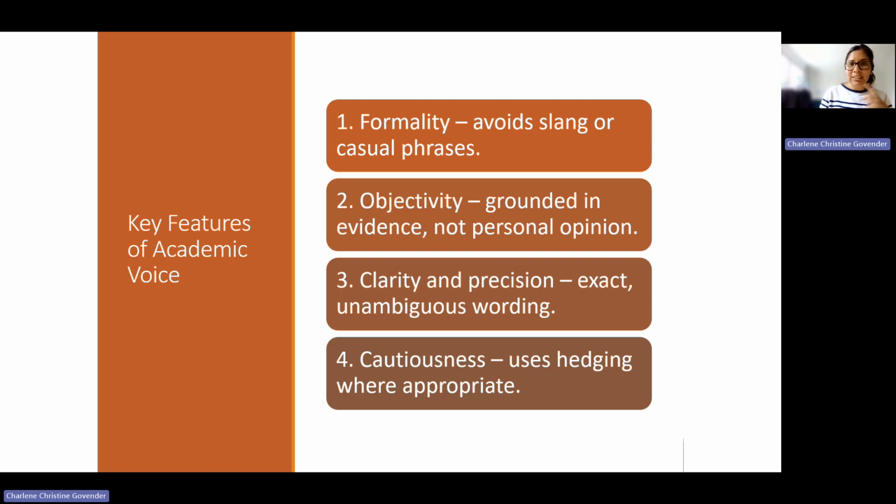Now, cautiousness is the fourth feature. We did touch on it slightly when I spoke about objectivity, but I want to get into it a little bit more. Cautiousness is when you use appropriate, measured language. A lot of studies are still ongoing.